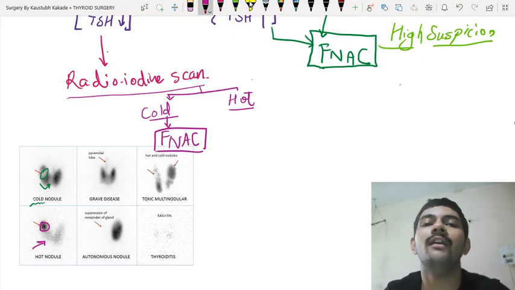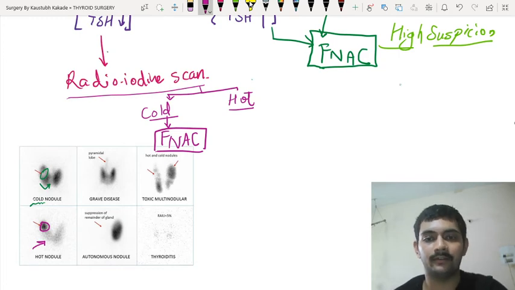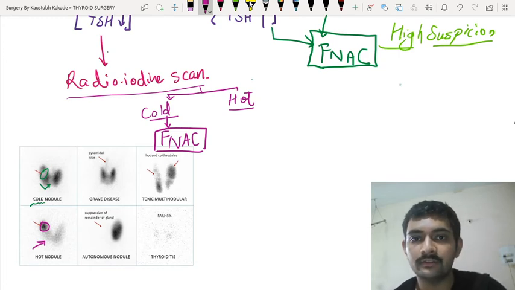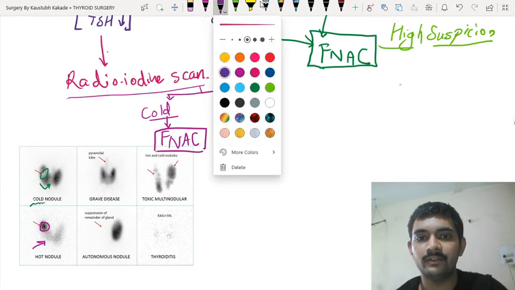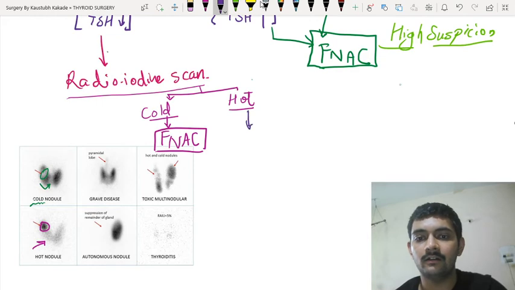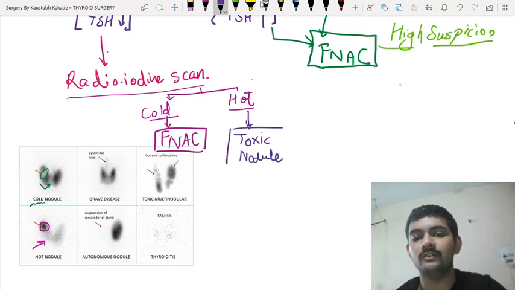So this is a simple medical condition, uncomplicated. And what will be the diagnosis in this case? The diagnosis will simply go towards a toxic nodule or a toxic adenoma, right?